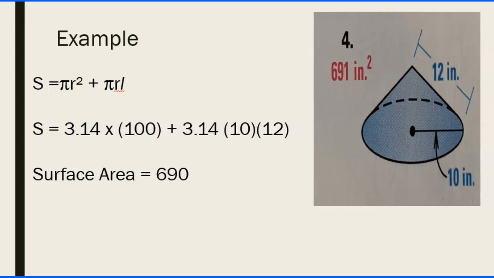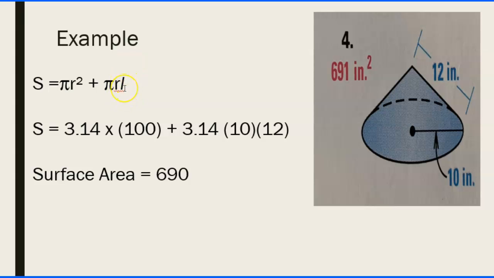So here is an example of finding the surface area. Hopefully they give you the slant height. Maybe not. And if they don't, they would have given you the height, and you will figure it out from there. But here's an example. So here's our formula. Pi r squared plus pi times the radius times the slant height.